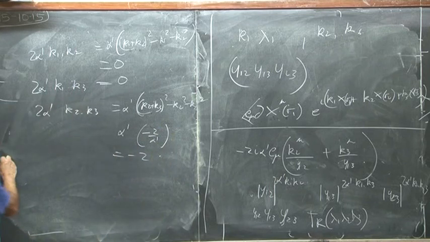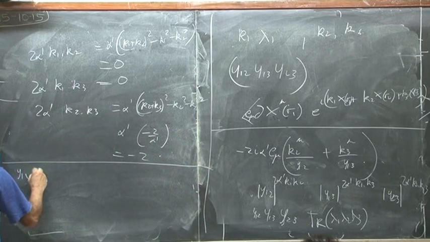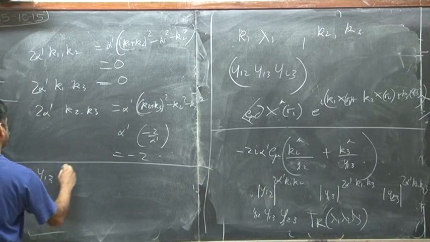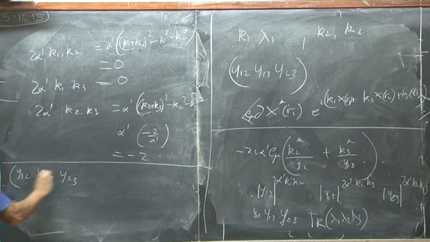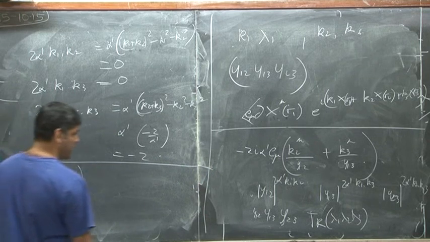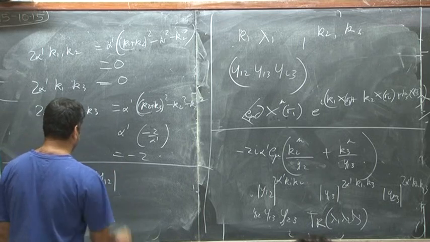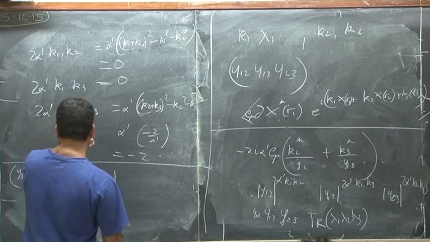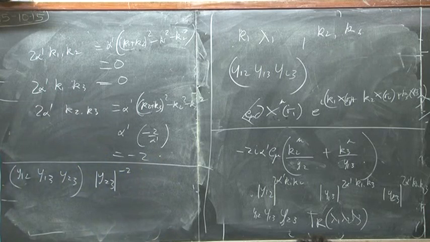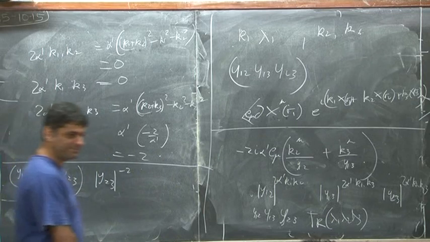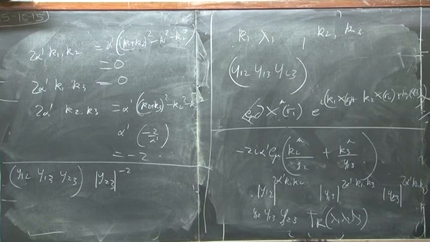Okay? So now let's collect the y dependencies so far. y12, y13, y23 times mod y12, mod y23 to the power minus 2. Okay? And we're left with this stuff.